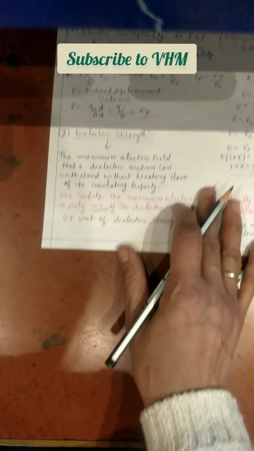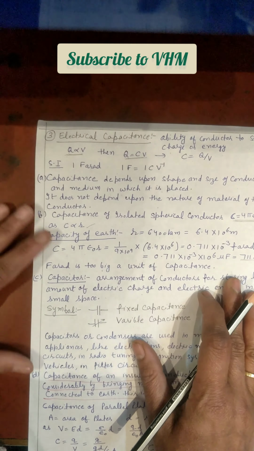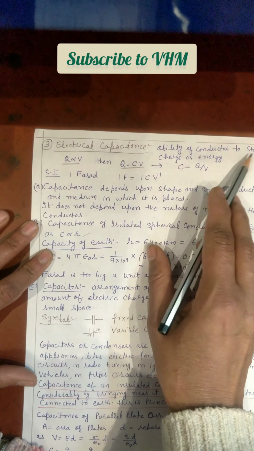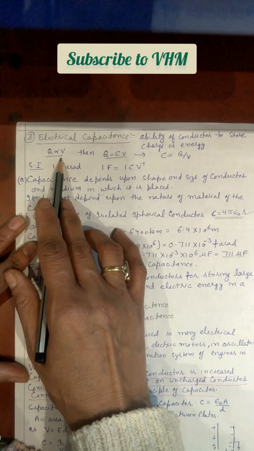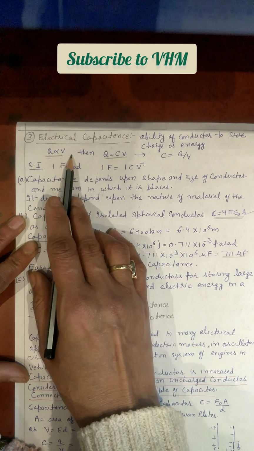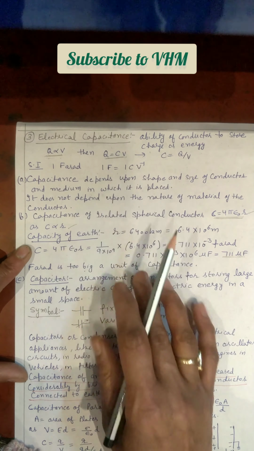Okay. Next we have capacitance. The ability of a conductor to store charge is called capacitance. The more charge we give, the more the potential increases: C equals Q by V, in farad.